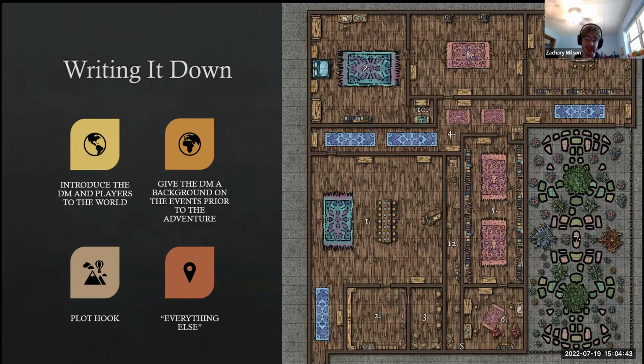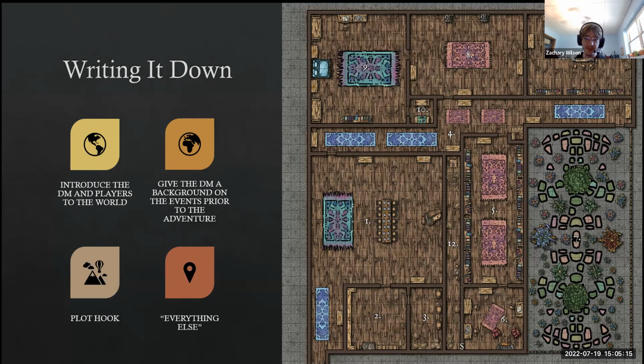The biggest step of all this is obviously writing it down. And the sections of the book are basically the introduction, which introduces both the person running the game and the players to the world, tells them all about it, everything important that they need to know about it. Then there's a background that tells the DM what has happened just before they get up to the adventure itself.